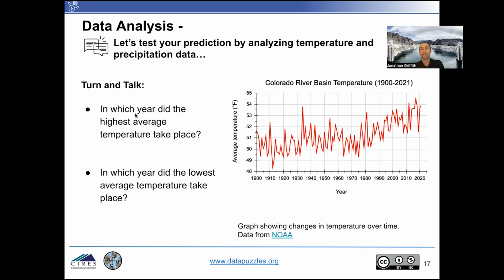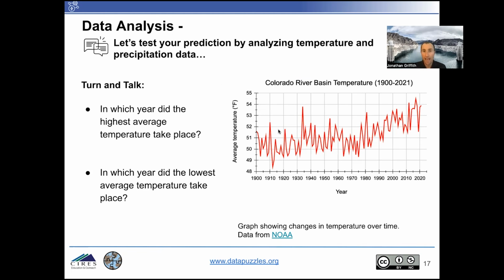You might point out some of the title and the axes, or have students do that, and then ask students to identify which year had the highest average temperature, and which year had the lowest average temperature.